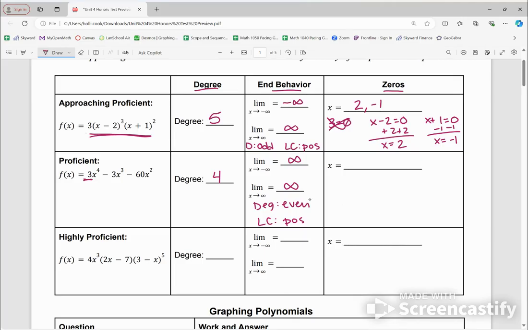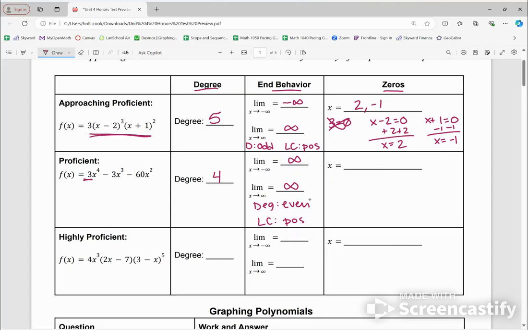And then lastly, we need to find our zeros. Now, this one isn't factored yet, so to find the zeros, we do have to factor it. The first thing I'm going to do is check for a GCF, and I can see we have a GCF of 3x squared.